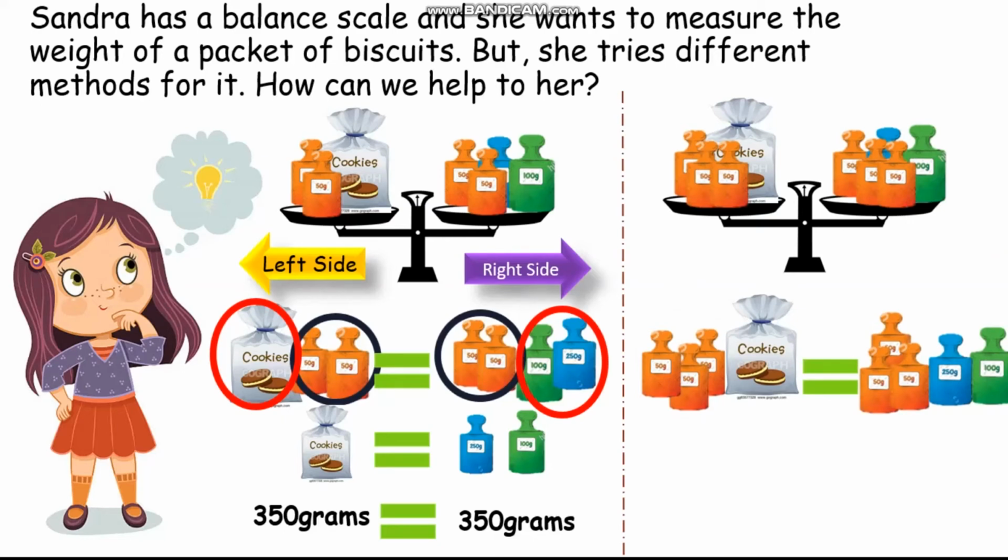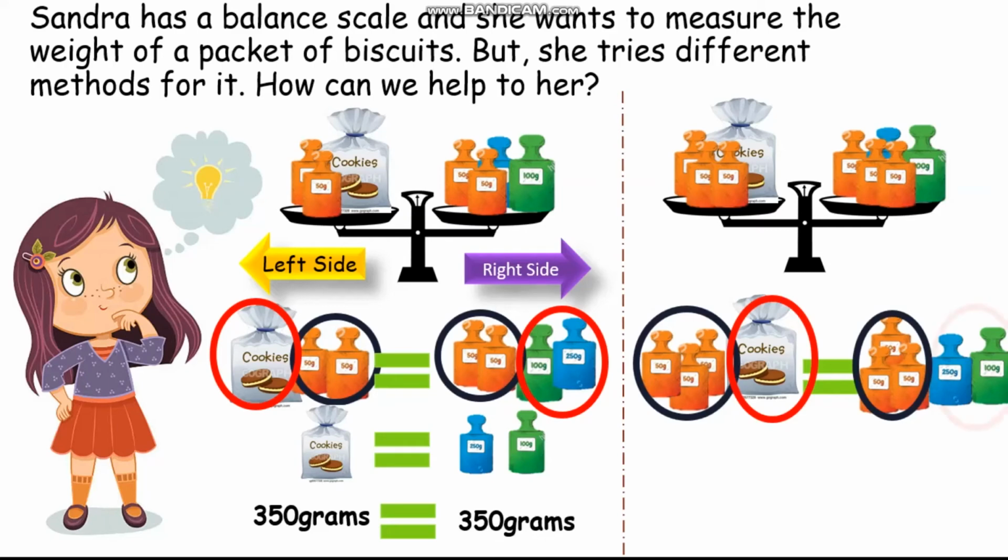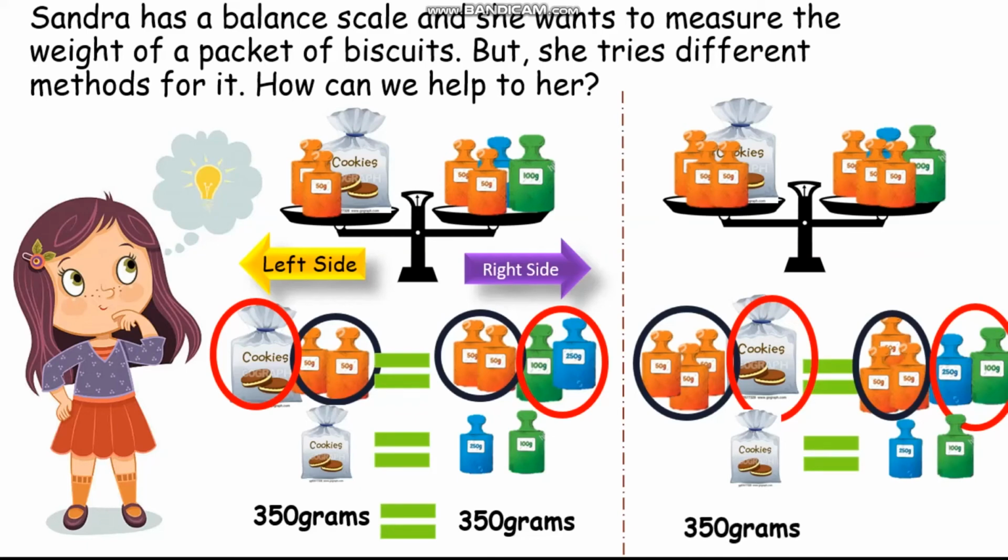These 50 grams on the left side and these 50 grams on the right side are equal to each other. So we can also say the cookies, which remained, equal the addition of these weights. So cookies equal 350 grams. So 350 grams equals 350 grams.